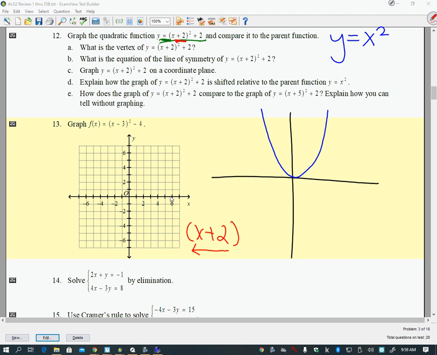Well, this is also counterintuitive. As we add to the x inside the parentheses, I move the vertex to the left. Now, the plus 2 on the outside is intuitive, meaning that it does what it says it's going to do. And so that tells me I'm going to go up 2.